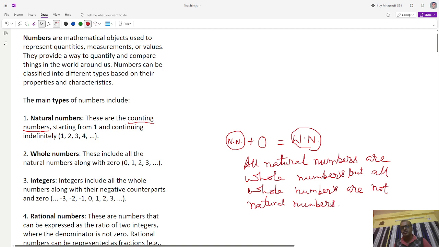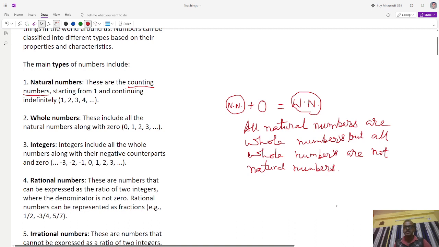Okay. Exception is 0. 0 is a whole number, but not a natural number.